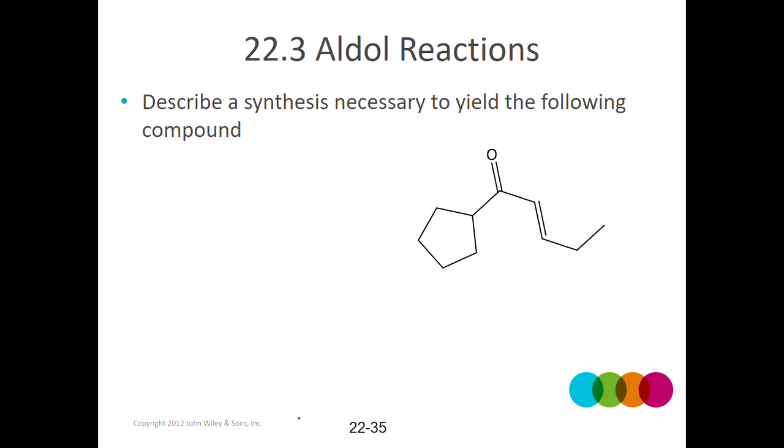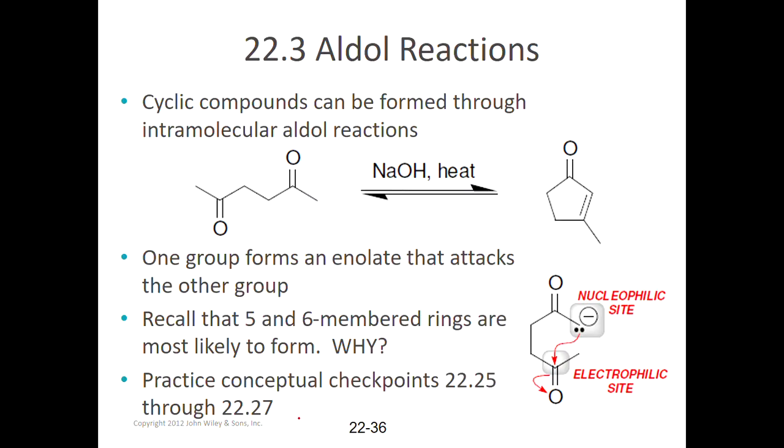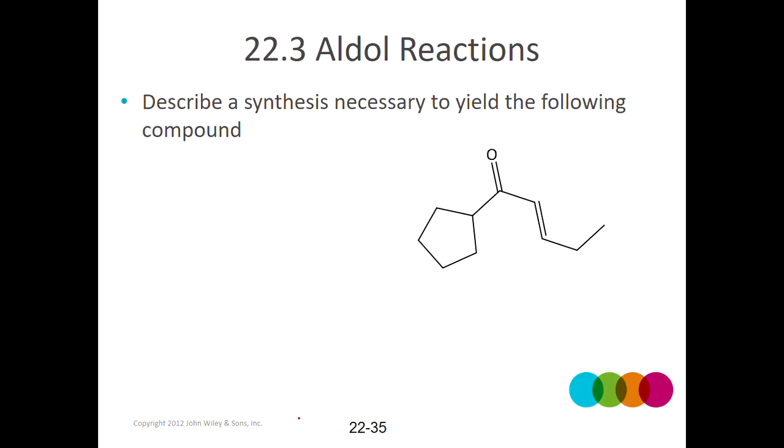So one more, there's a couple more slides here. I thought that was pretty much it. One other example here, we got a situation where we want to make this product.